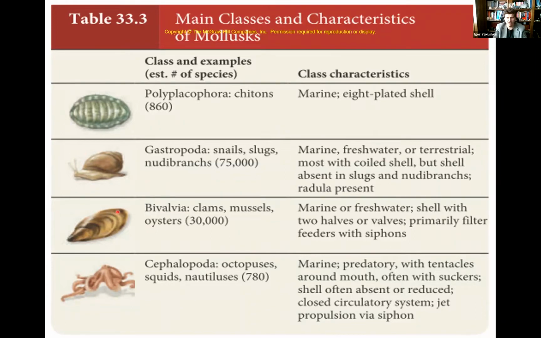As a result, they just sit somewhere in the substrate. It could be inside the sand, it could be on any kind of rocks, and they suck the water in, getting oxygen and plankton, and then they suck the water out, consuming whatever they have. So clams, mussels, oysters. So here we go. Again, we're talking about seafood.